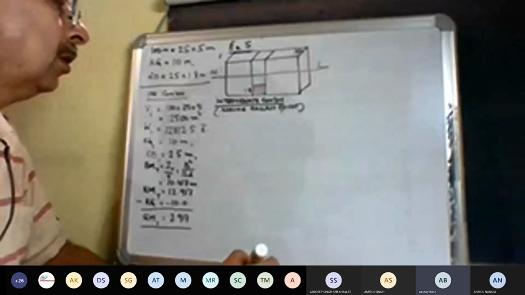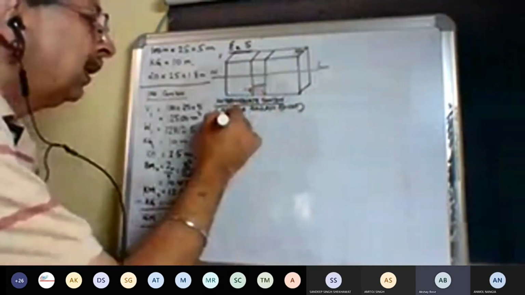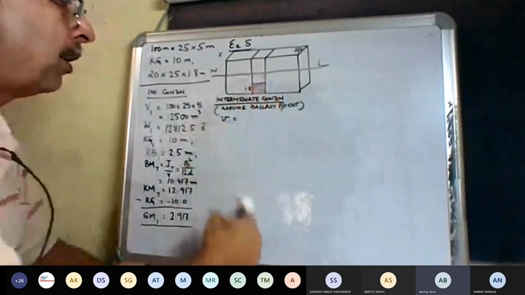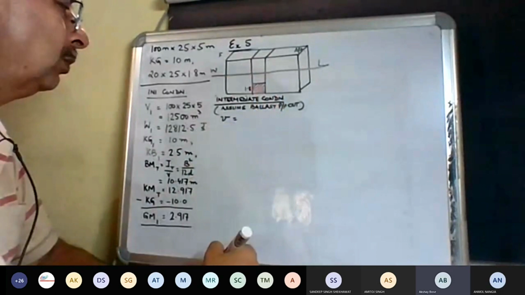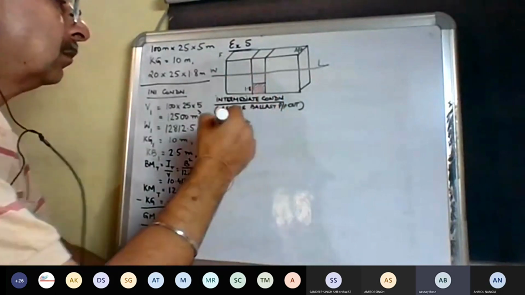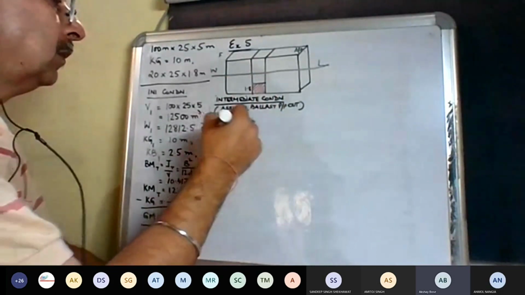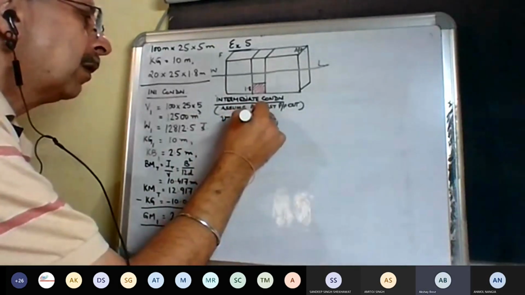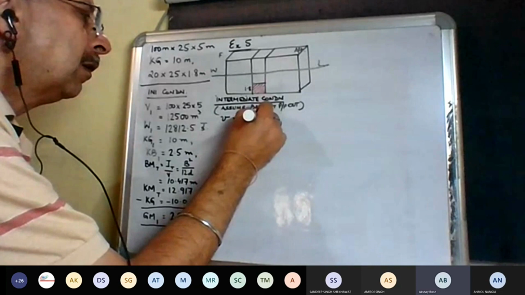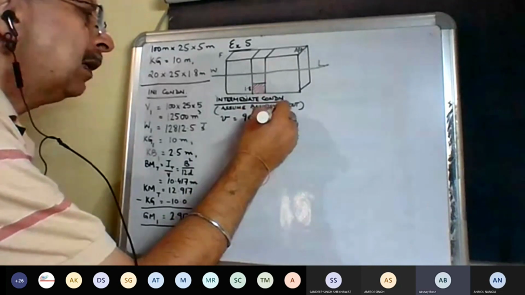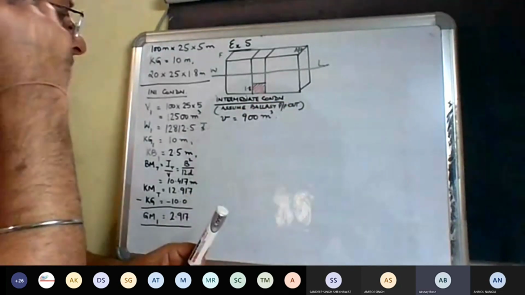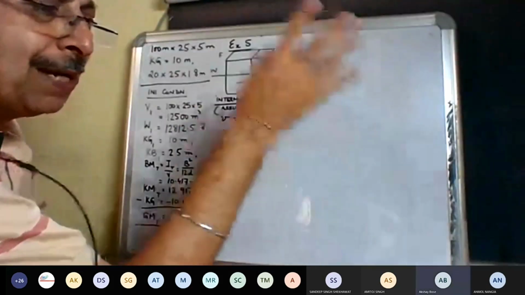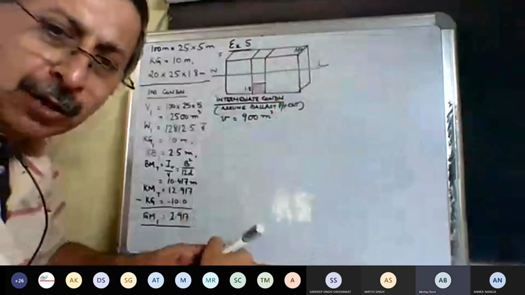Then how much is my small v, the volume of the water that I am pumping out? That will be 20 into 25 into 1.8, 900 cubic meters. Is this okay with everybody? I'm assuming that I am pumping this ballast out into the sea.